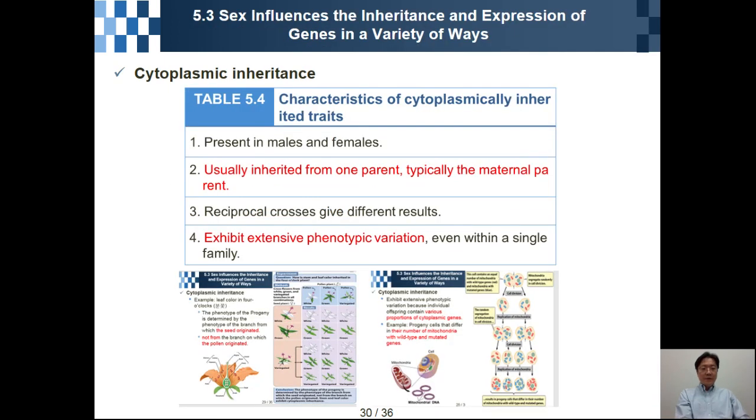In this slide, we summarize the characteristics of cytoplasmic inheritance. It is present in males and females together. Usually it is inherited from one parent. In these cases, we found that it is typically the maternal parent, but not always. Just typically, but not always.